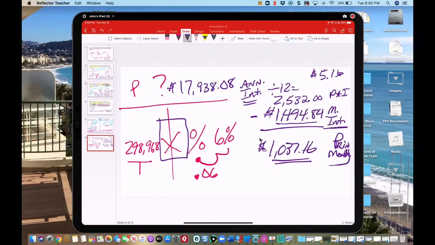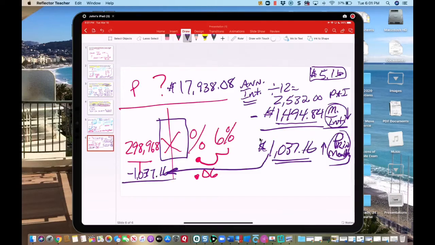So let's take a look at this. You can see the monthly interest went down $5.16 and the principal went up $5.16. Now, what do we do with this? We come over here and we subtract it from the loan balance, $1,037.16.